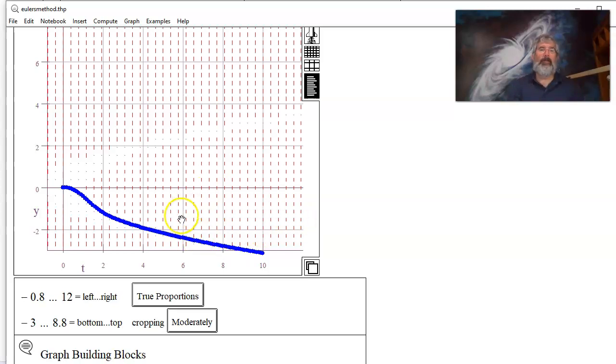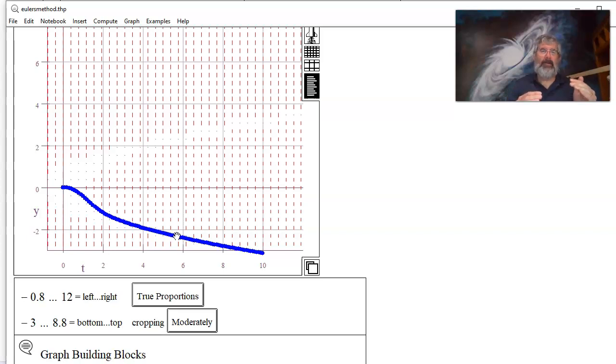There's a lot that depends on the nature of the function, the nature of the function being f of t and y. What's that differential equation telling you about the slope? When you start getting really big slopes, things go crazy. There's also the matter of stable equilibrium values and unstable equilibrium values.